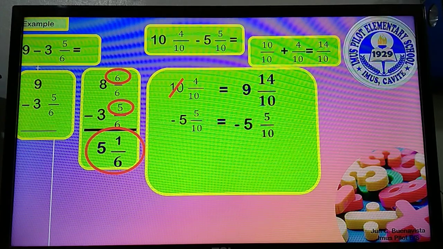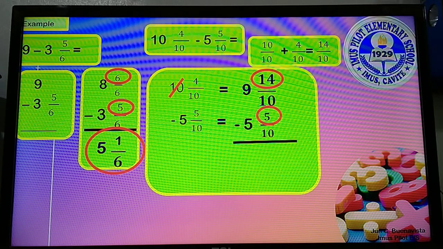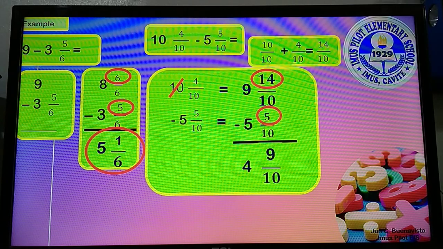So, first, subtract the whole number. Okay. 9 minus 5 equals 4. Then, subtract the numerator. 14 minus 5 equals 9. Then, copy the denominator, which is 10.